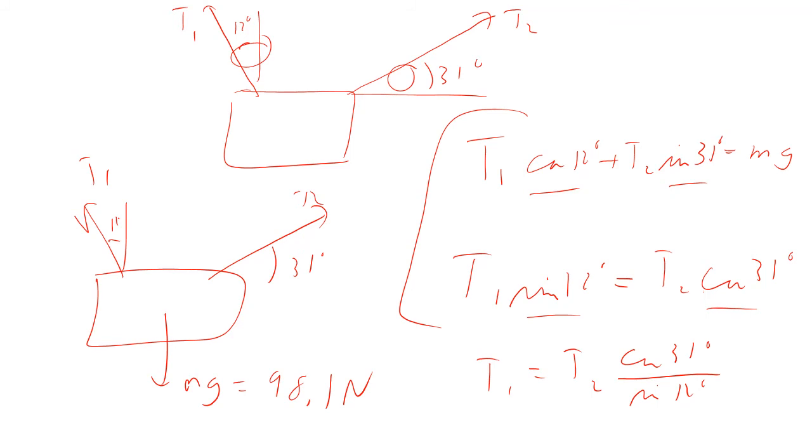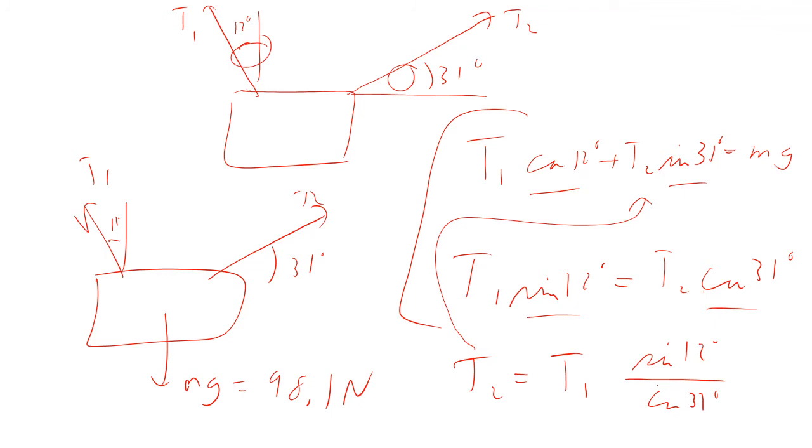Or we could have said that T2 equals T1 sine 12 degrees over cosine 31 degrees. It doesn't matter. You're just solving here and say, aha, I can now take that and plug in up here. Before, if we solve for T1, you could have plugged it in right there.